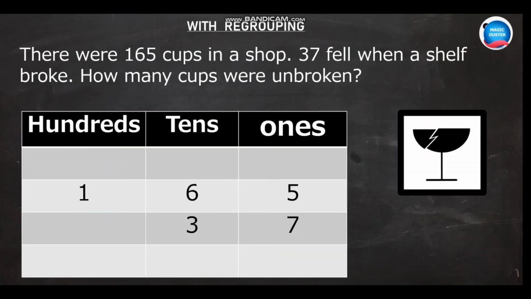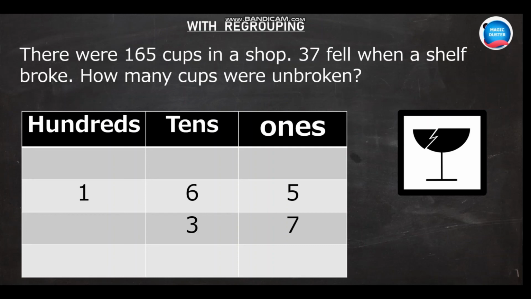Then the last example. There were 165 cups in a shop. 37 fell when a shelf broke. So how many cups were unbroken? To find the difference, we should do the subtraction. Here, 165 minus 37. And when you are doing the sum, don't forget to put the numbers into the proper columns. 5 minus 7.